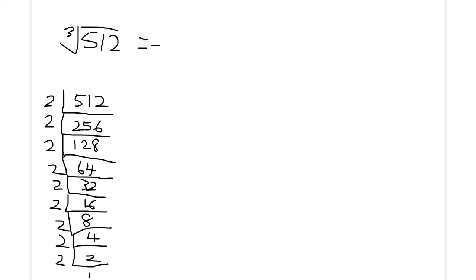So we can write 512 as 2 to the power 9, but we have to make sure that we don't forget this. So there's still a cube root here, and to solve this question, actually it's quite straightforward.